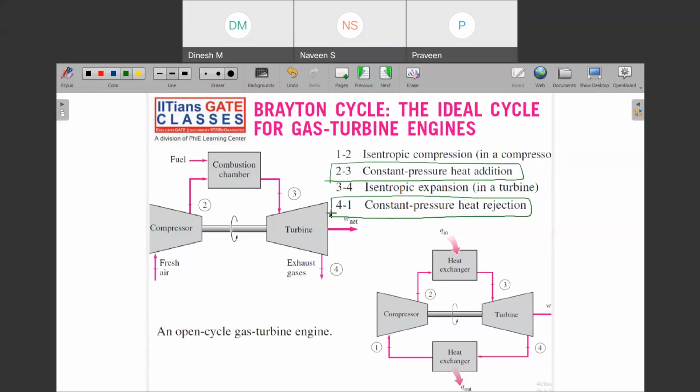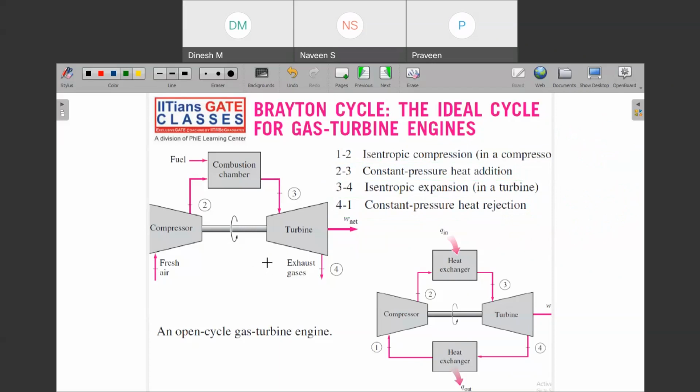This is how you can recall things in the exam: the Otto cycle is a constant volume cycle, and your Brayton cycle is a constant pressure cycle. So we know these two things now.